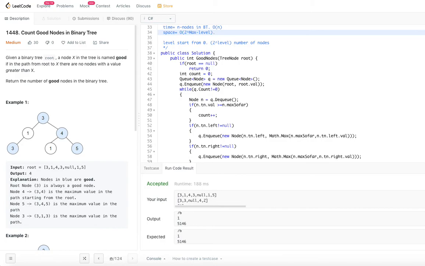But keep in mind, we are not storing that permanently or till the end of the algorithm executes. The nodes are coming into the queue and going out of the queue. So this is the maximum that we need. So space complexity is order of 2 power max level in the binary tree, and time complexity is order of n.